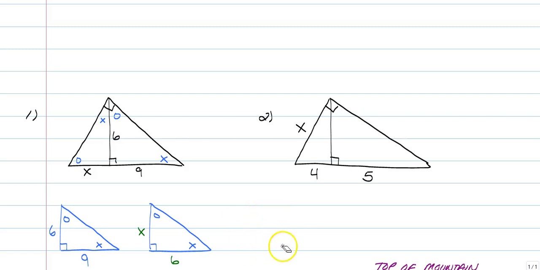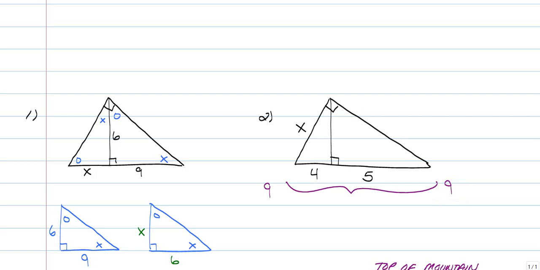Okay, so I'm going to get rid of this one because it wasn't used in the first problem anyway. And you can use that strategy here. So we know that this base is 4 plus 5. We know that the whole length of it is 9. The whole length of that is 9.